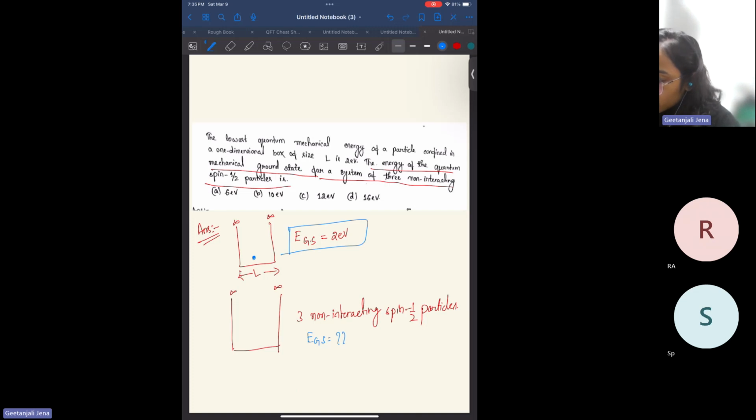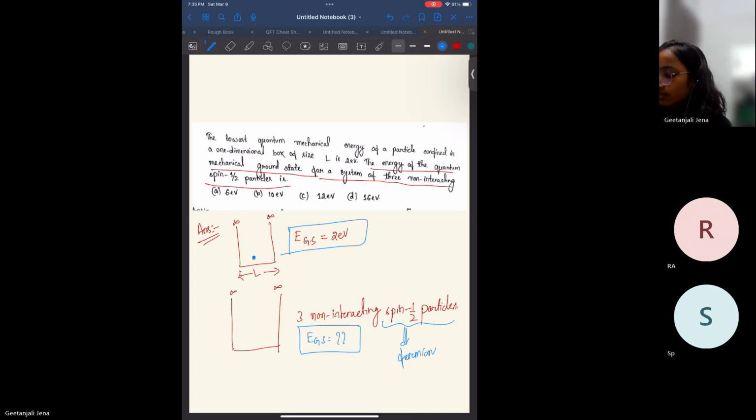Now, instead of one particle, if you have 3 particles, then what will be the ground state energy? And these particles are spin-up particles. That means they are fermions. So one quantum state will have 2 particles that have 2 different kinds of spin.